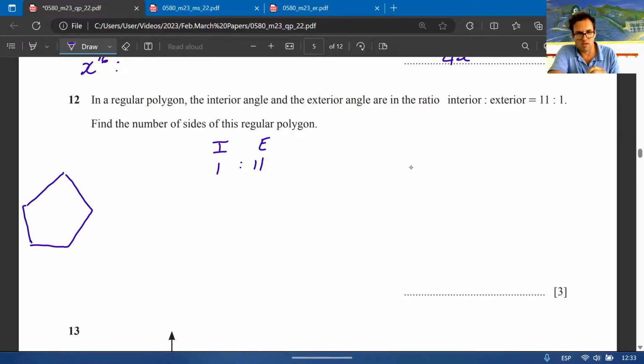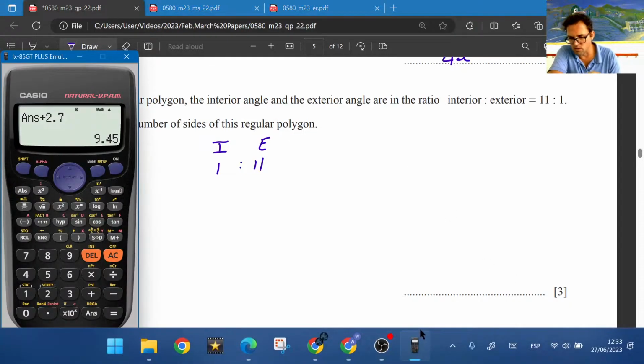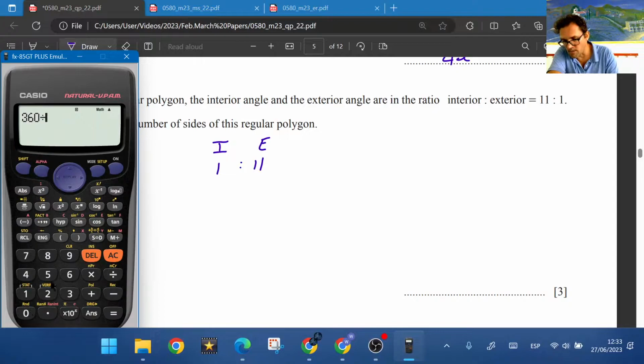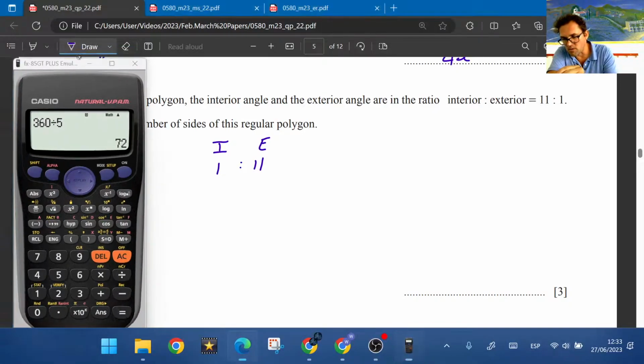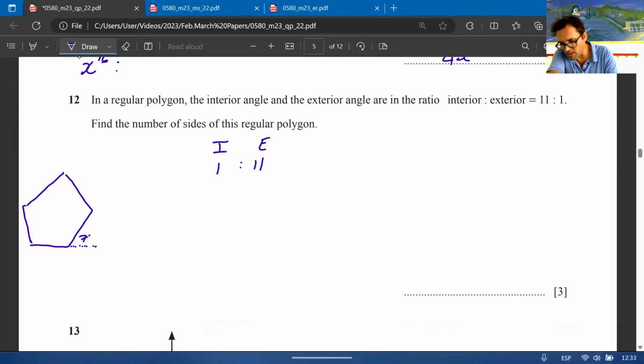What's the size of the interior angle of a pentagon? Well, the exterior angle is easy to find. It's 360 divided by 5, of course. You just do 360 divided by 5, 72. So the exterior angle of a regular pentagon is 72. So the interior angle is 180 minus 72. See, they always add up to 180.